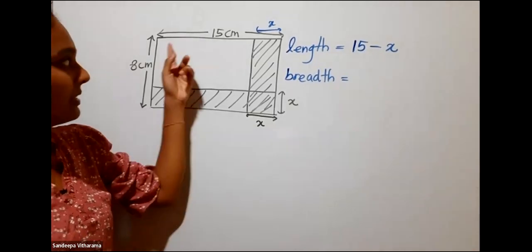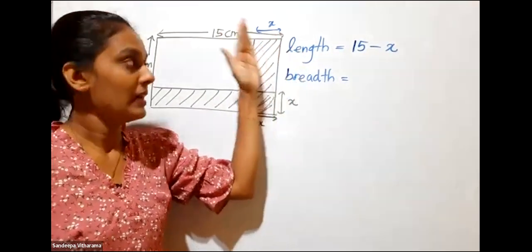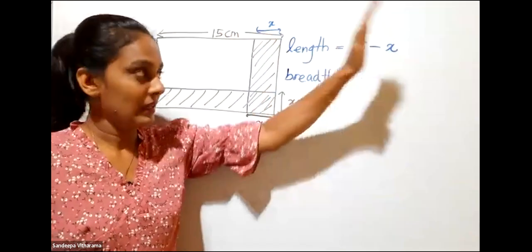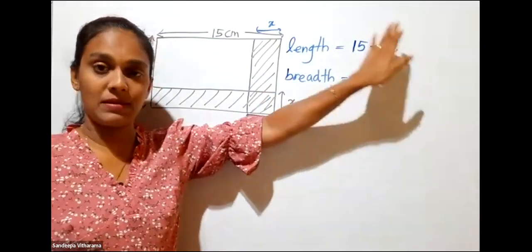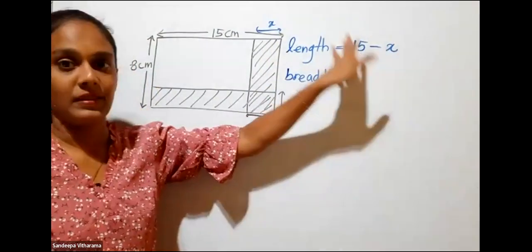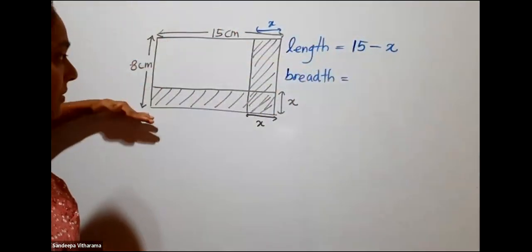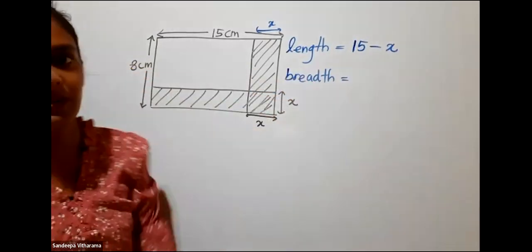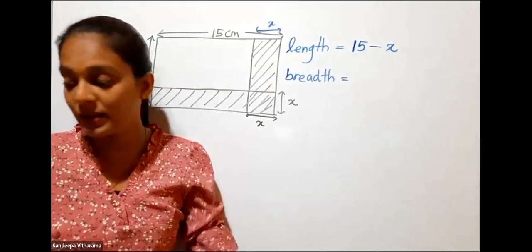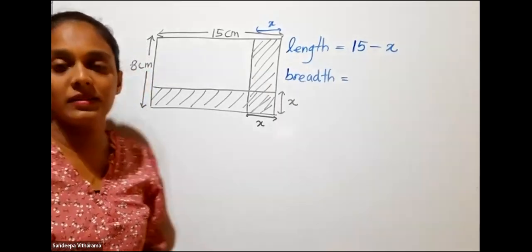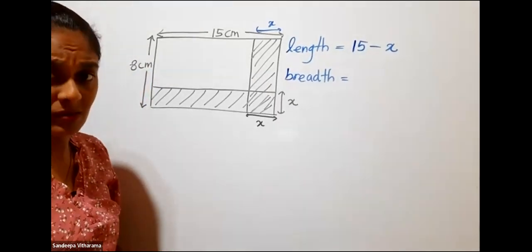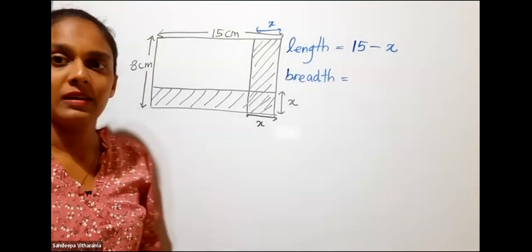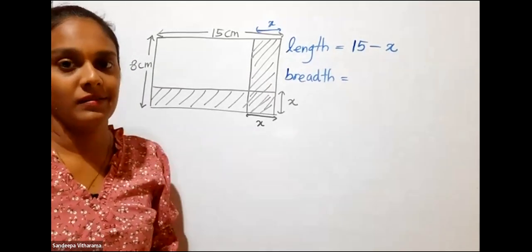The length was 15 centimeters. X was removed. Then x should be subtracted from 15. The breadth was 8 centimeters and x has been cut off. Then what is the new breadth? Send it to the chat box.